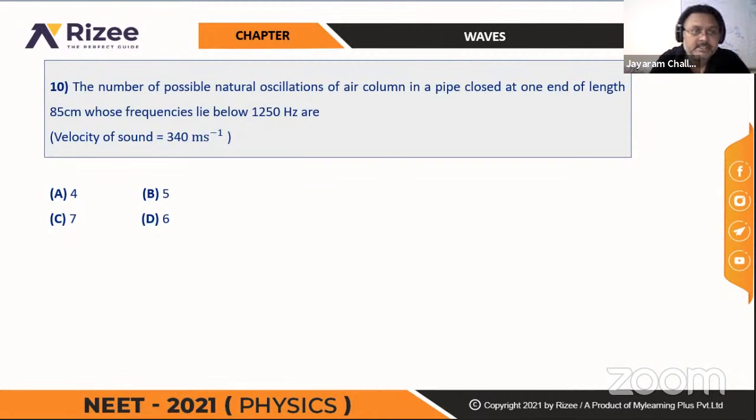The number of possible natural oscillations of the air column in a pipe closed at one end, where the length is 85 centimeters, and the frequency below this. Since it's a closed pipe, what is the fundamental frequency formula? F will be V by 4L.